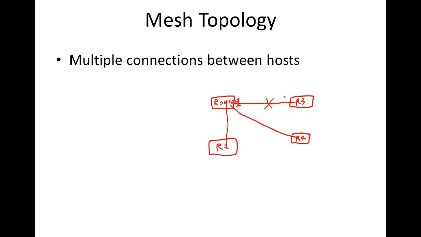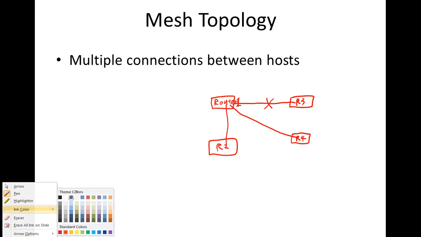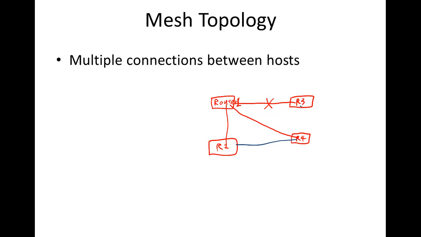To give an example, let's say this connection failed. In this topology right now, there's no way you can get to router 3 because there was only one connection. However, if you had these other connections like this, even if this connection fails, you can still go to router 4 and then eventually go back to router 3.